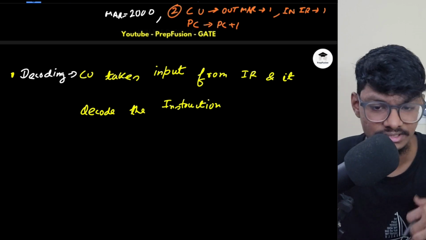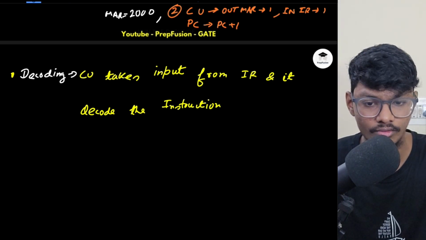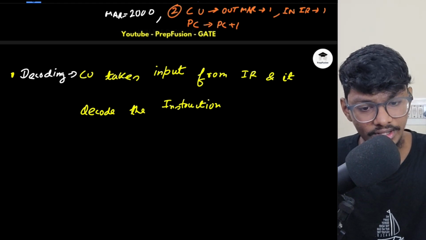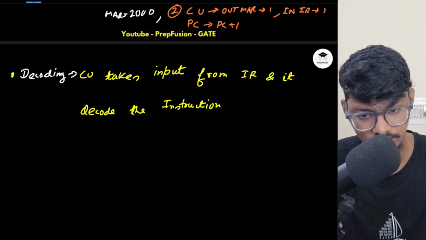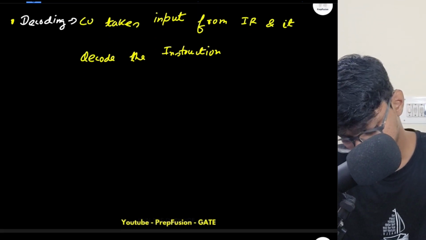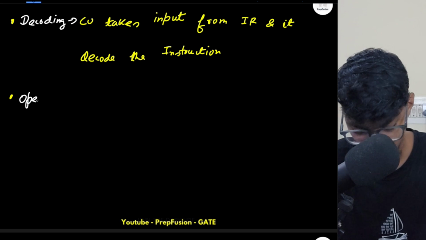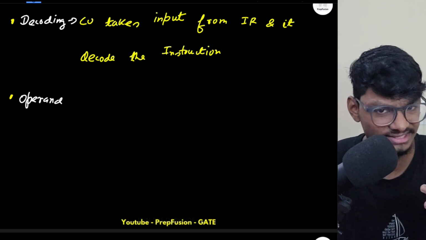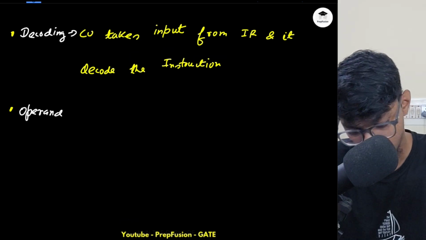If there is some data storage, something like that, what we do is we store it. Like if there is some data in or data out, like we want to fetch the operands. So after decoding, the control unit will do operand fetch. If there is some operand fetch or some addressing mode, it depends. All of it depends on the instruction.